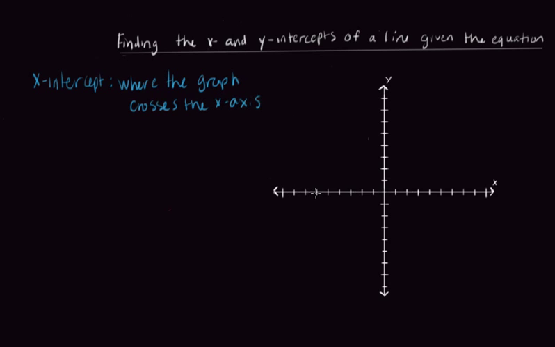So it's going to be some point along the x-axis, and you know that points along the x-axis are of the form some number, comma, 0. So it'll be like a, comma, 0.